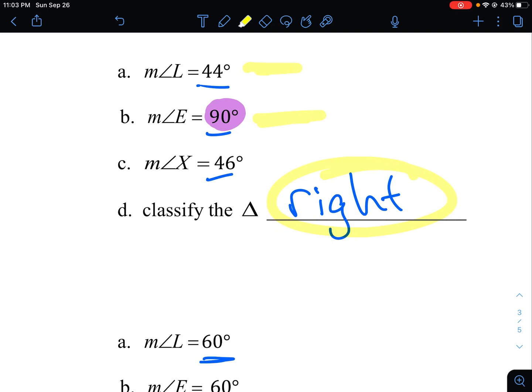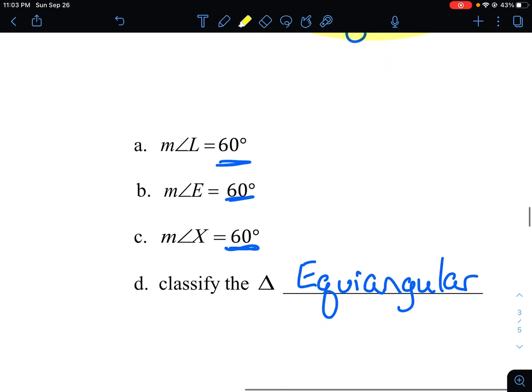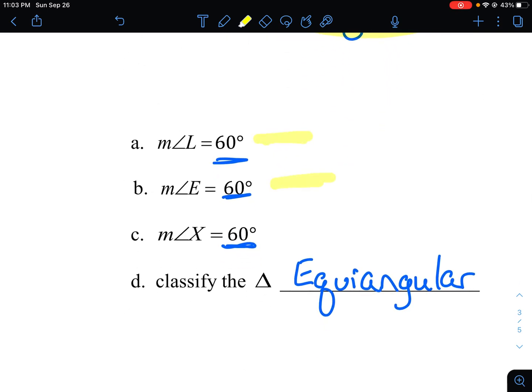This is a right triangle. Lastly, 60, 60, 60. All of those are acute. So we might jump the gun here and say this is an acute triangle, but we can be more specific with our answer. We can see that all three are the same. This is equiangular. Equal angles, all of them are the same.